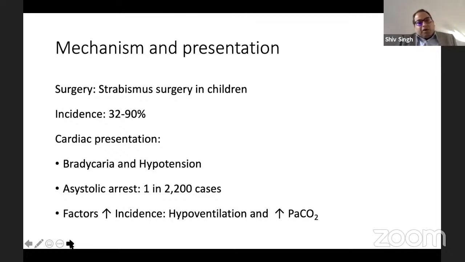And this is seen in 1 in 2,200 cases. And the factors that predispose to the arrhythmias and hypotension, or the increase in incidence of the oculocardiac reflex, is hypoventilation with hypercarbia. So increasing PCO2 is important.